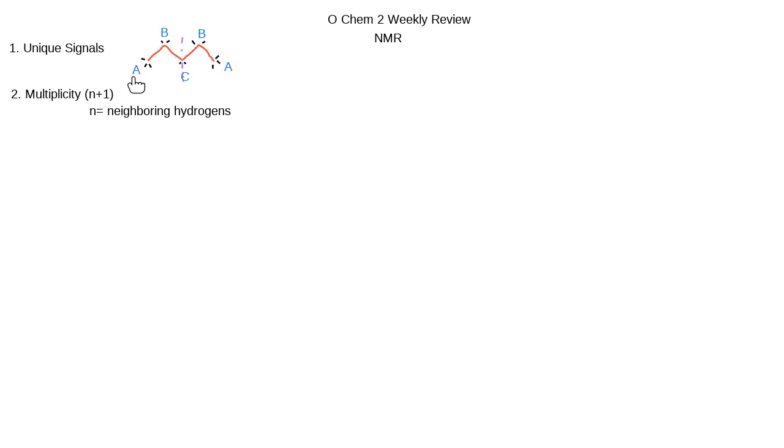So A's multiplicity would be 3, and B's multiplicity would be 4. So ignoring the mirror, because this would technically emit twice because there's symmetry.